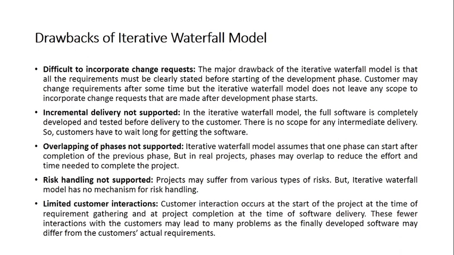And there is limited customer interaction, because the customer is involved during the requirements and finally at the testing part. At the intermediate level, the customer is not involved. So it might happen that when you're not interacting with the customer, maybe a communication gap is there, or he's not able to convey the changes that he wants, and ultimately it might fail at the end. So these are a few of the drawbacks relevant to your iterative waterfall model.